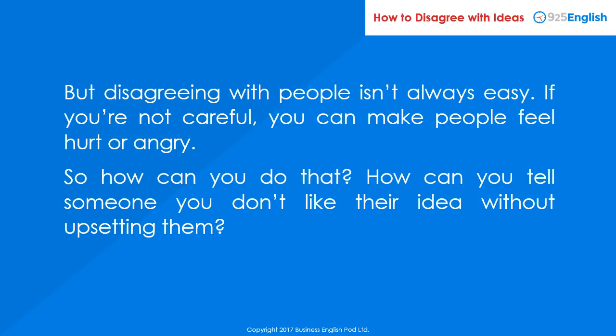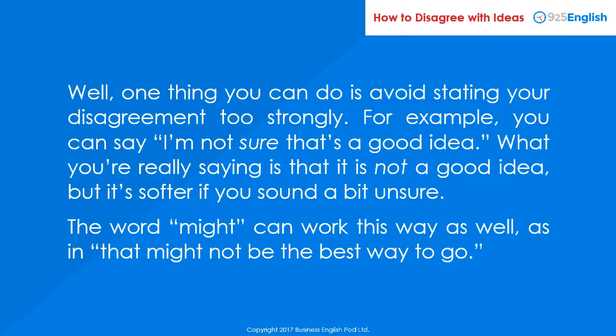So, how can you do that? How can you tell someone you don't like their idea without upsetting them? Well, one thing you can do is avoid stating your disagreement too strongly. For example, you can say, "I'm not sure that's a good idea."